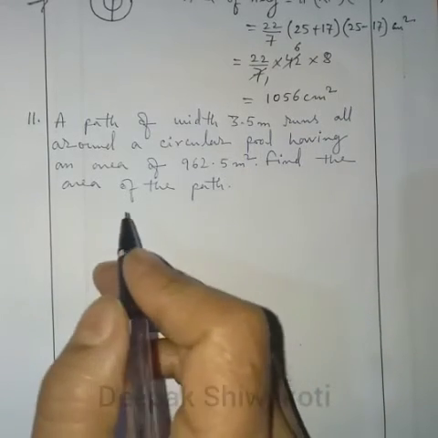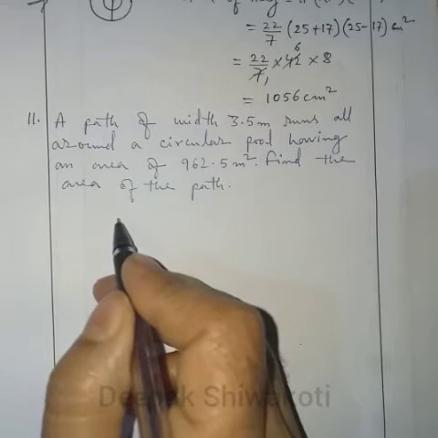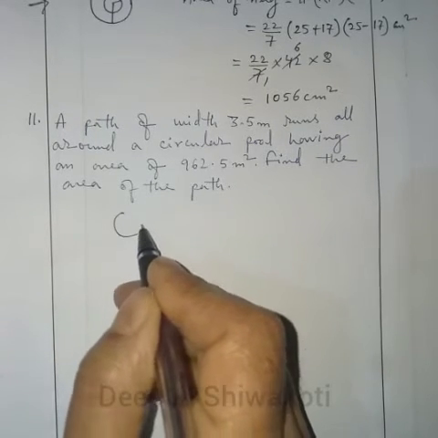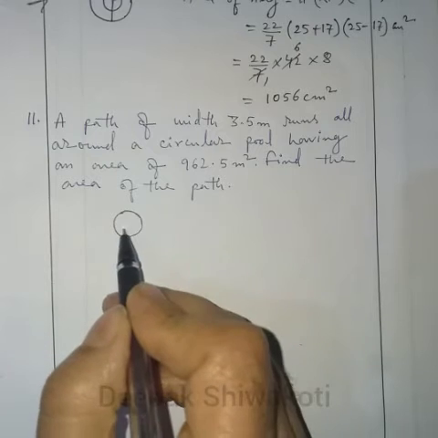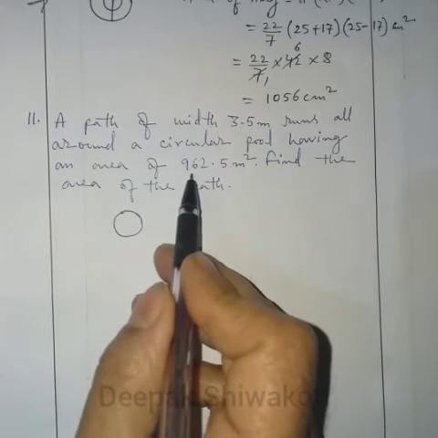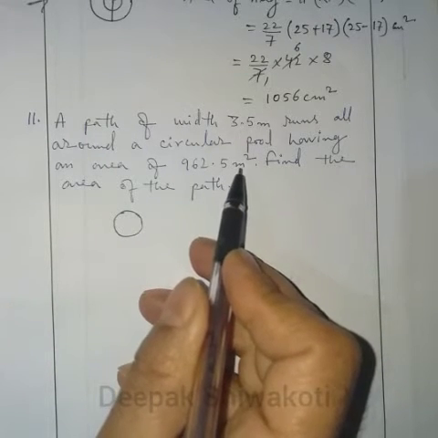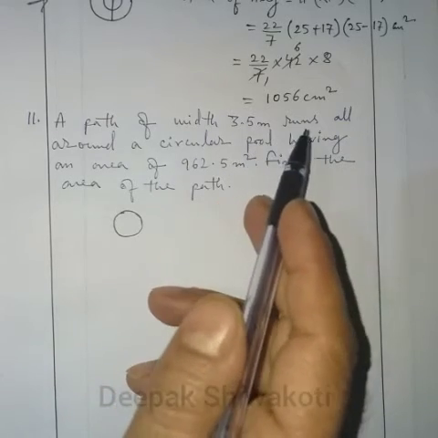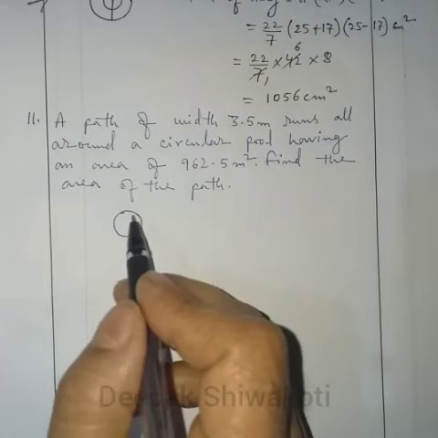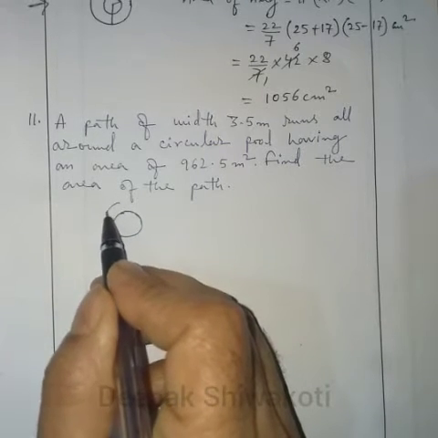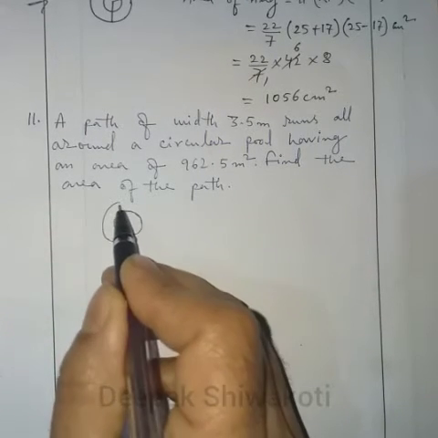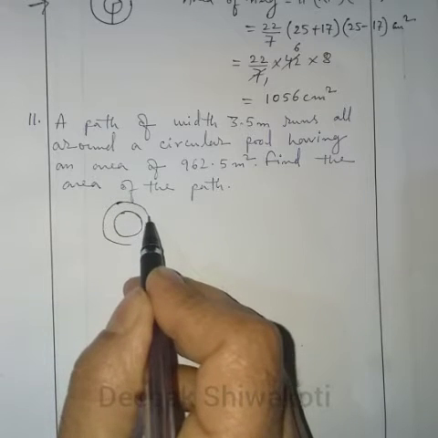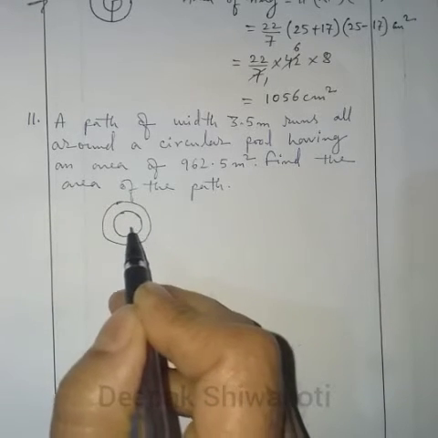So according to the question, a circular pool is there and the area of this pool is 962.5 meter square, and a path of width 3.5 meter runs all around the circular pool.